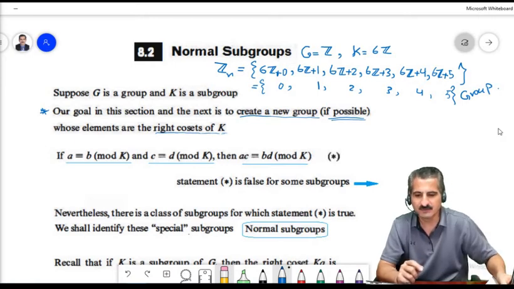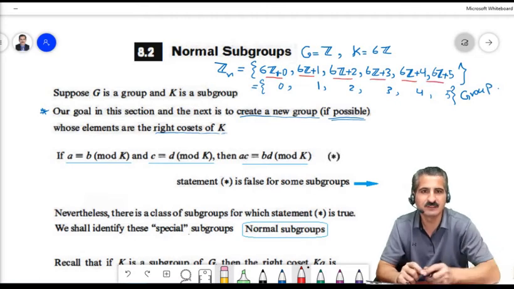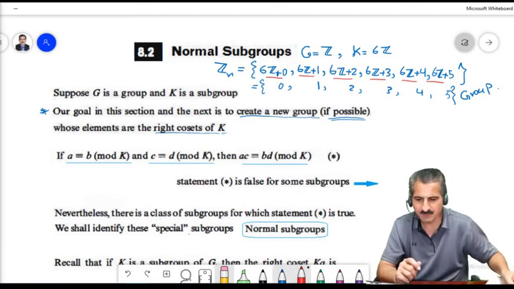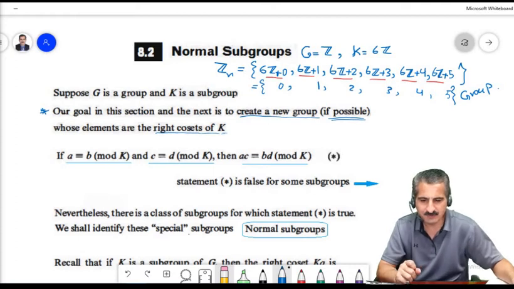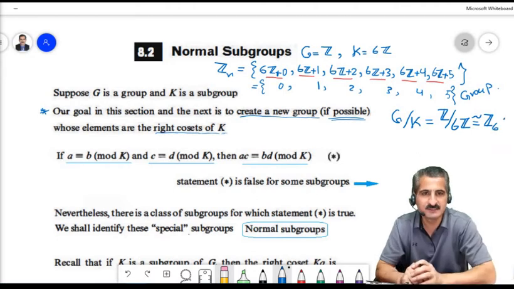So we had these cosets in here, and we defined addition on them, and then we obtained a new group that we will call G factor K. In our case here it is Z factor 6Z, and we will work out to show this is what we mean by Z6.